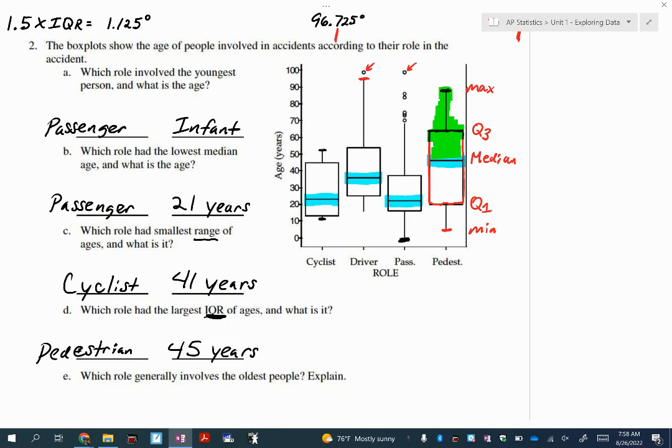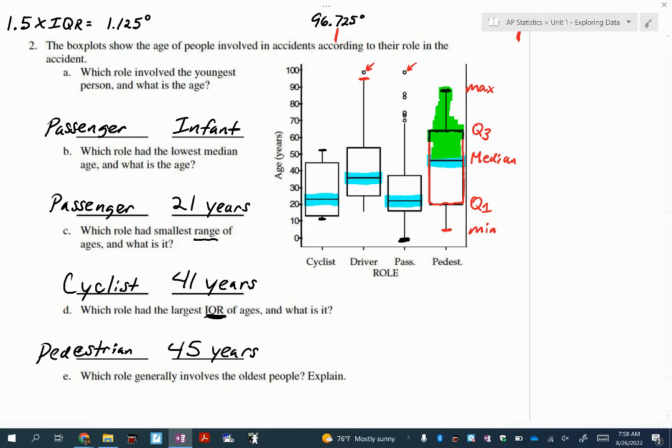So half of the pedestrians involved in these accidents are over the age of 45. When you look at driver and passenger, that's not even close. For driver, your half goes all the way down to 35, and for passenger, the median is all the way down in the low 20s.